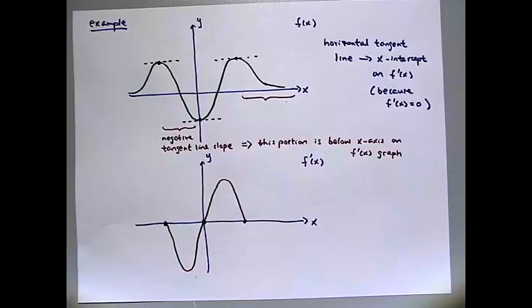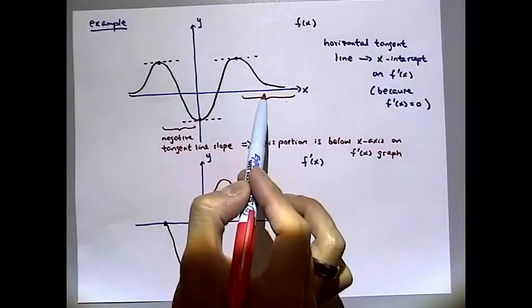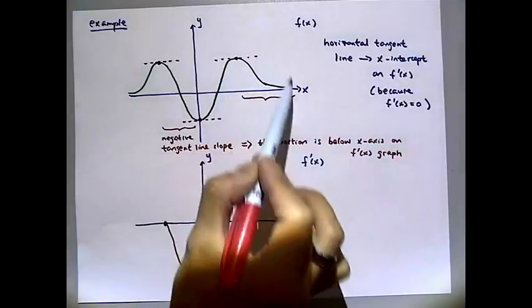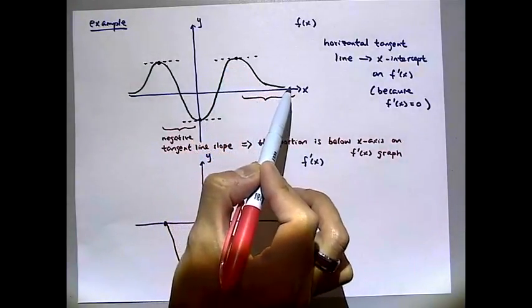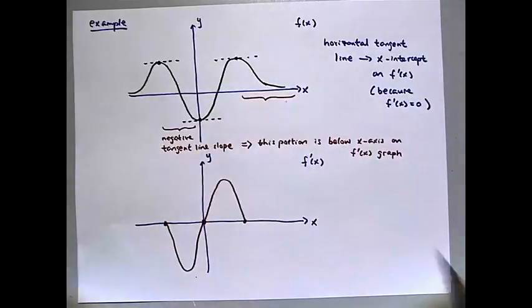Negative, and is it getting more negative as we move to the right, or getting less negative? It seems to be flattening out. Does it get to exactly 0? We don't know. But we can say for sure, you're absolutely right, that this portion has negative slopes. And it is slowly, slowly getting back to 0 because we're seeing this flattening out region right here.